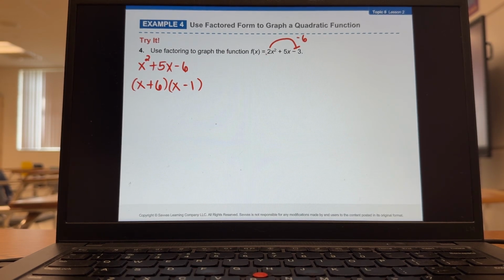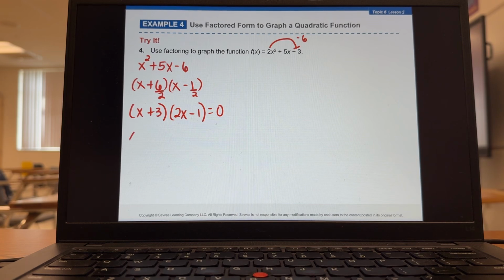Don't forget to now slide the 2 back underneath those two numbers. 6 divided by 2 is evenly divisible, so X plus 3. 1 divided by 2 cannot, so if I'm left with a fraction, I need to make sure it's reduced, and then that denominator becomes a coefficient in front of the X. The numerator stays where it's at. That is now my factorization.